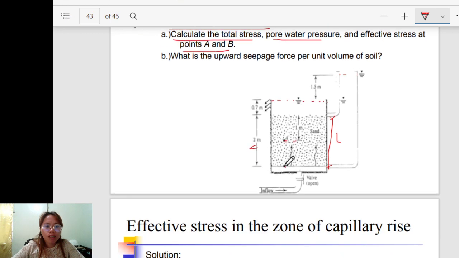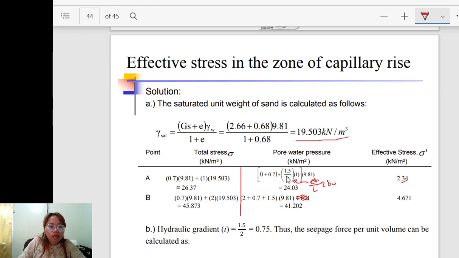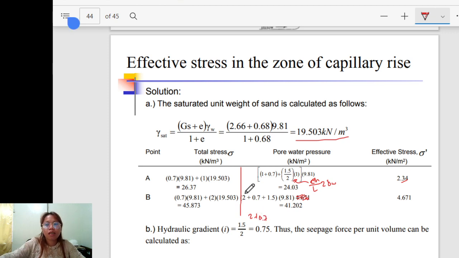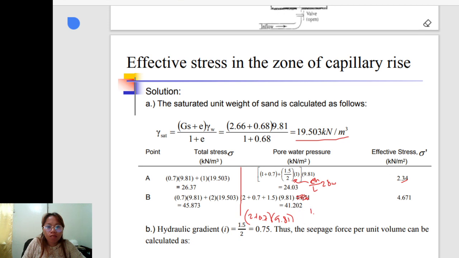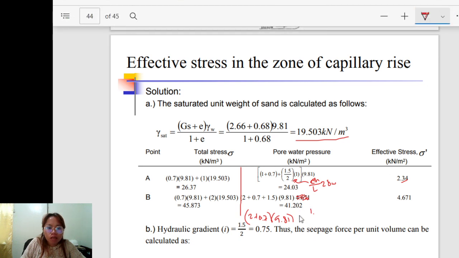That is 0.7, no? 2 plus 0.7, times 9.81. Plus, the seepage term equal to 1.5 divided by 2, because this is delta H, no?